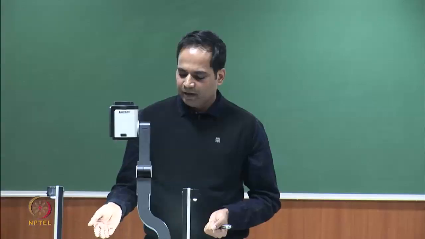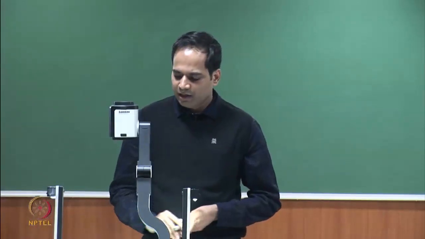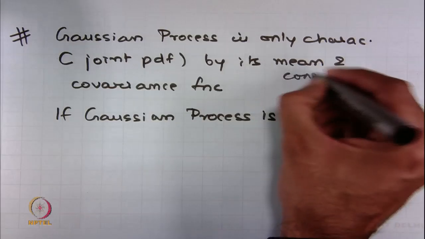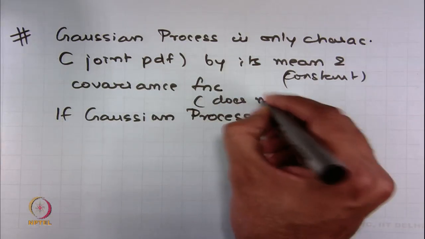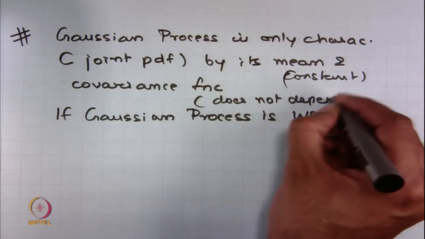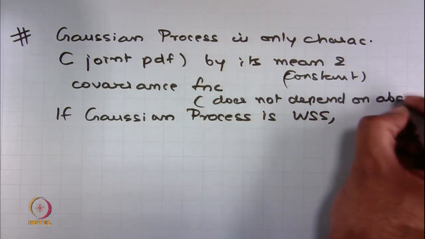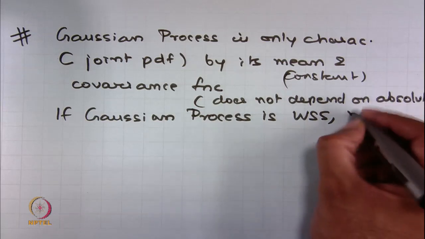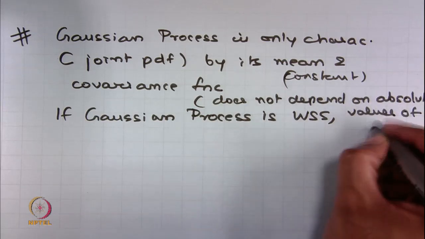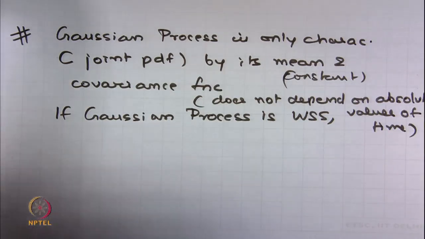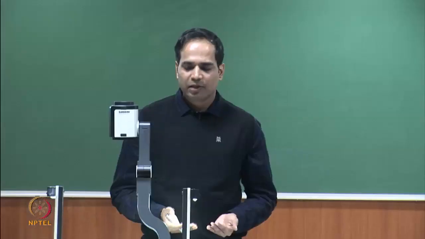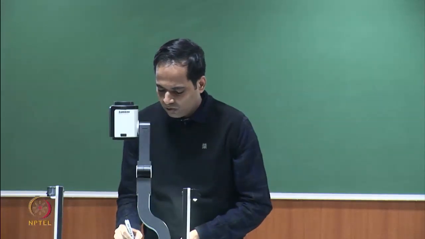So, let us say that if the process is wide sense stationary, that means the mean is constant and the covariance function does not depend on absolute values of time, right. And hence this joint PDF also does not depend upon absolute values of time, and hence if a Gaussian process is wide sense stationary, it means that it is also stationary.